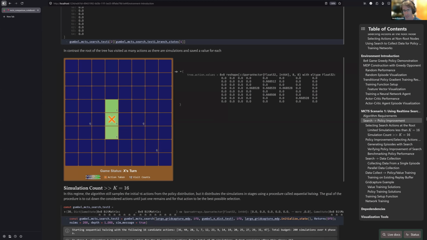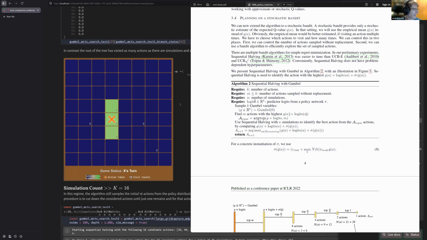And if you look back at the paper, the actions that are originally selected are selected from this arg. Here they have M, I'm calling it K, but it's the top K, or here the top 6 from this. Because this is the Gumbel noise value, what this is doing is just sampling 6 actions from the policy distribution. That's it.